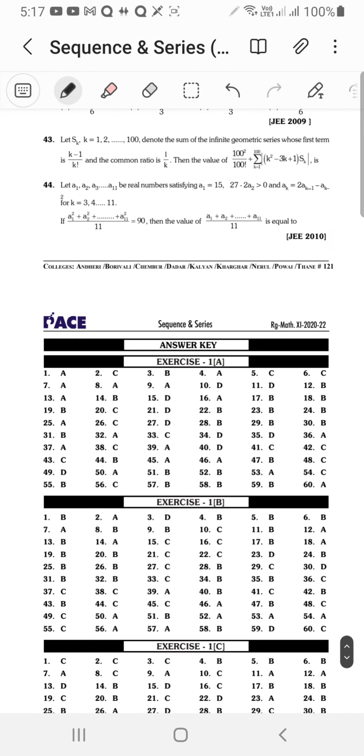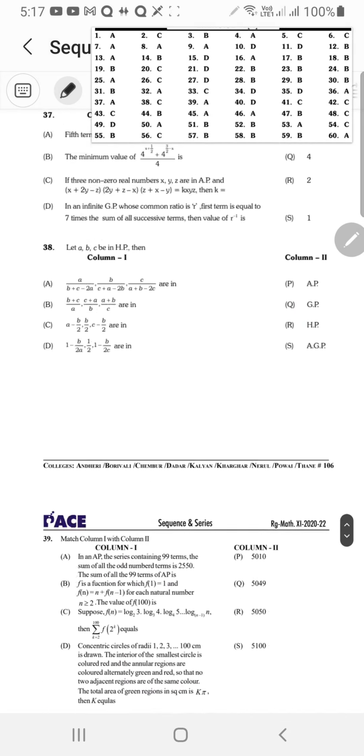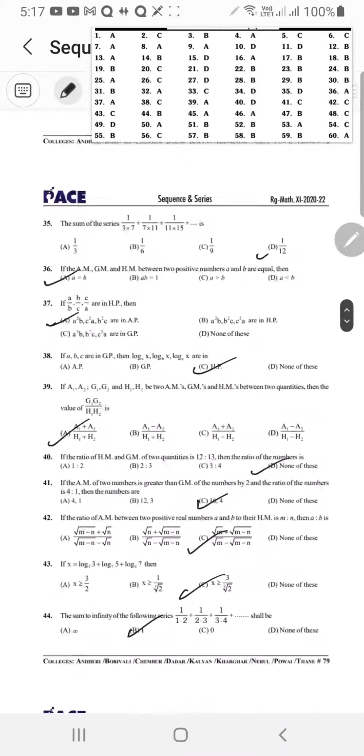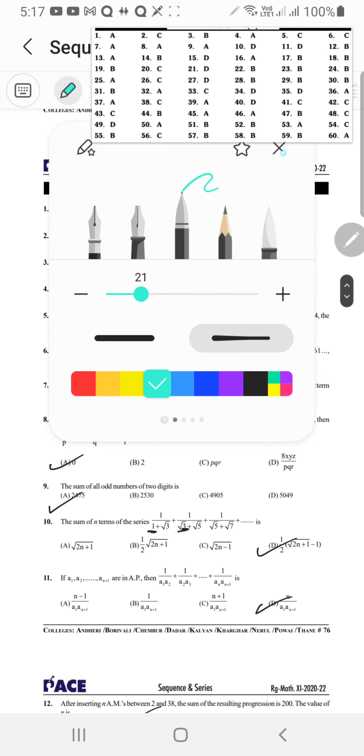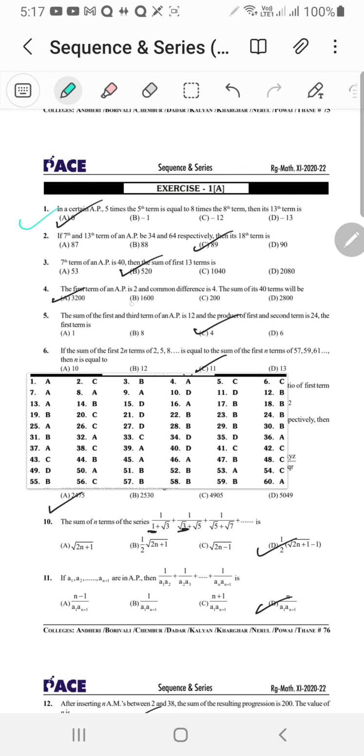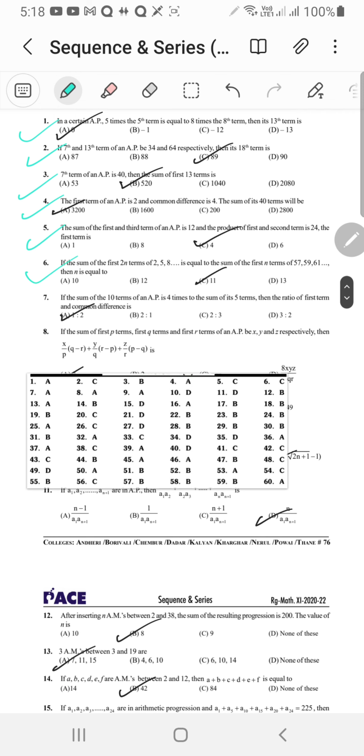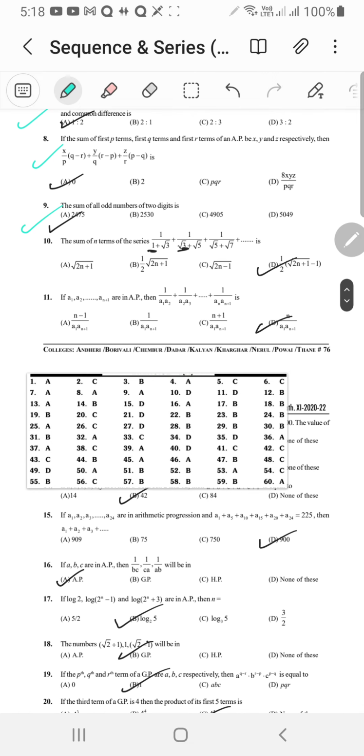Okay, there we go. Exercise 1A. Okay, first A, second C, third B, fourth A, fifth C, sixth C, seventh A, eighth A, ninth A, 10D, 11D. Yeah, that's nice.